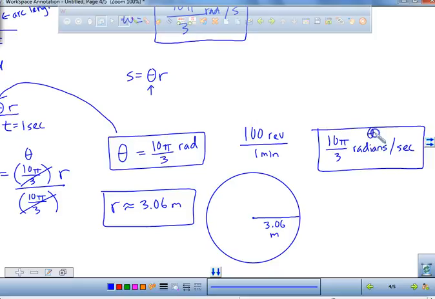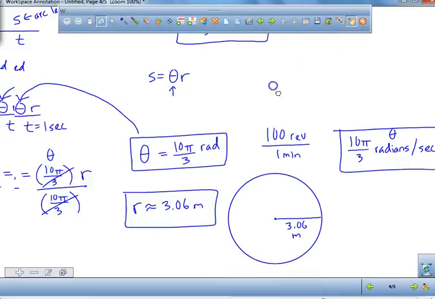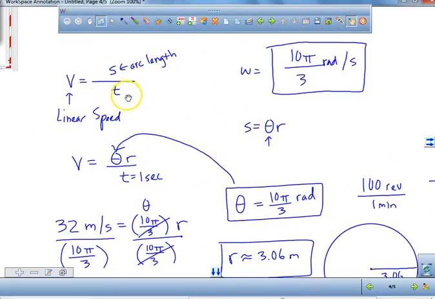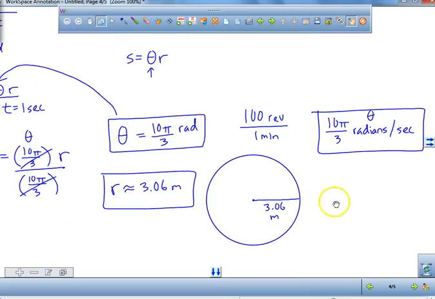Remember, radians is theta. If you multiply radians per second times this, it gets you back to 32 meters per second. If you do 3.06 times this, that gets you back to 32 meters per second, because our formula is arc length divided by time.